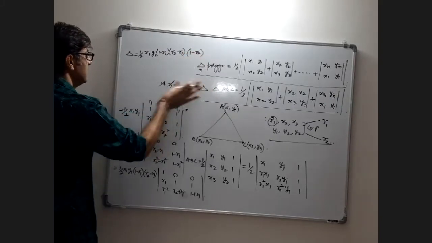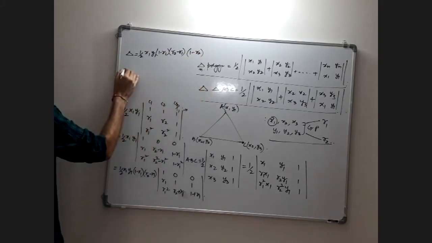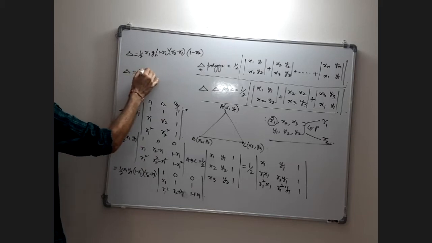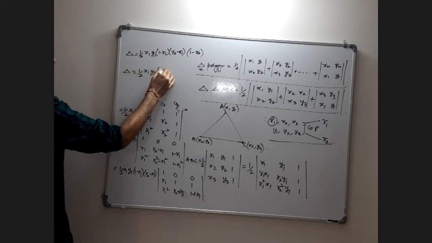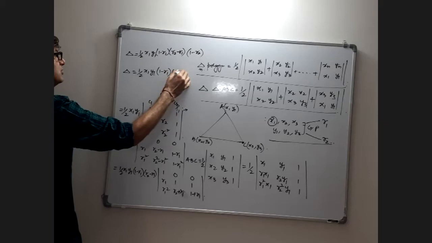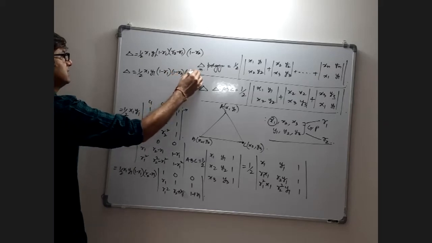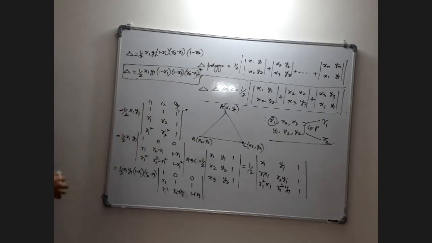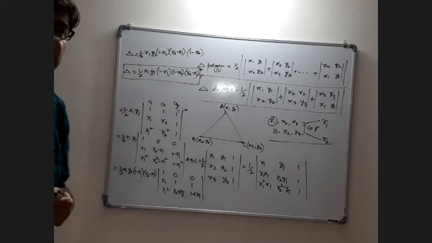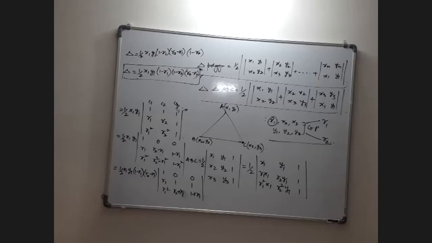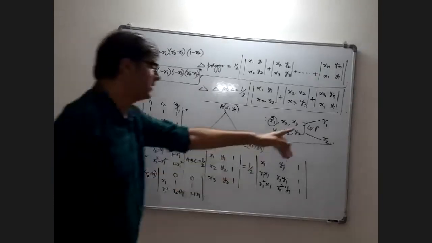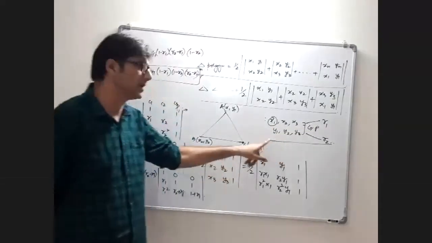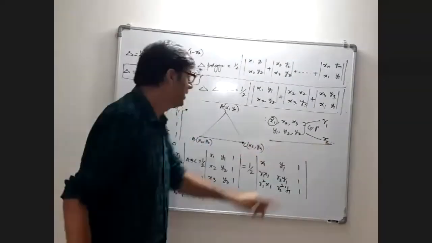So this is finally the result: the area is equal to 1 by 2 x1 y1, 1 minus R1, 1 minus R2 into R2 minus R1. So this is finally the area of the triangle in which the abscissa are in GP with common ratio R1, and the ordinates are also in GP with common ratio R2. And this is the result.